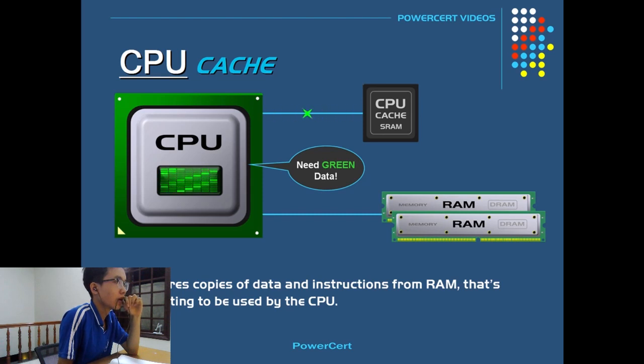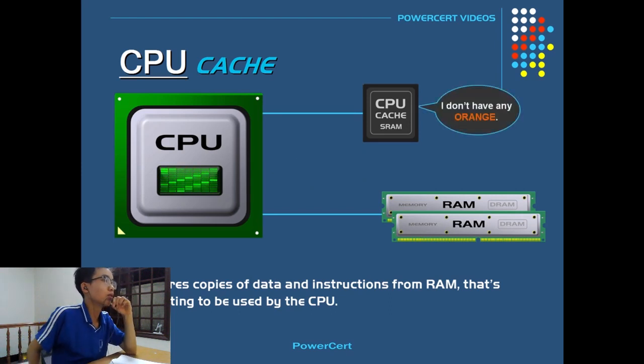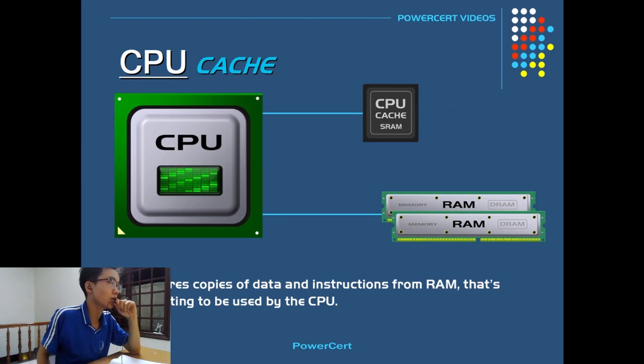So basically, what CPU cache does is store common data it thinks the CPU is going to access over and over again, because when the CPU needs to access certain data, it always checks the faster cache memory first to see if the data is there, and if it's not, then the CPU will have to go to the slower primary memory, or RAM, to get the data it needs.